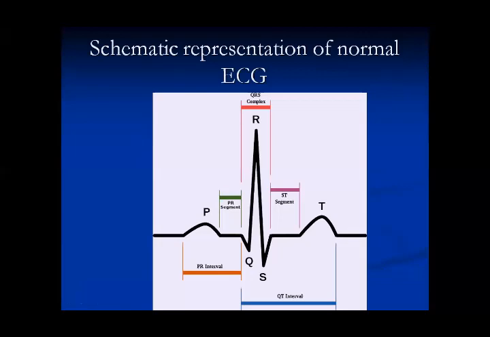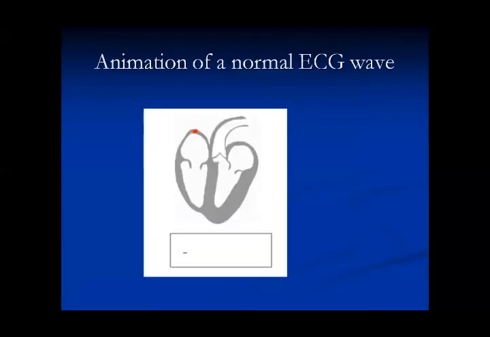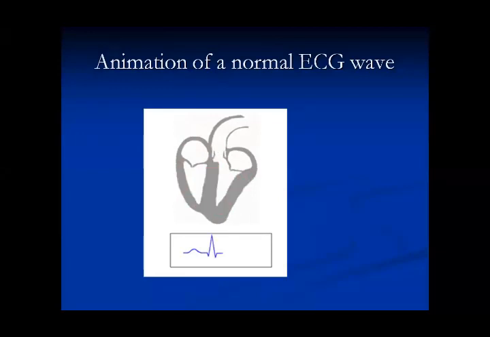Now, moving on, if you look at this, in the upper part of the diagram, the cardiac impulse is traveling. And in the lower part of the diagram, in blue, is the ECG formation.